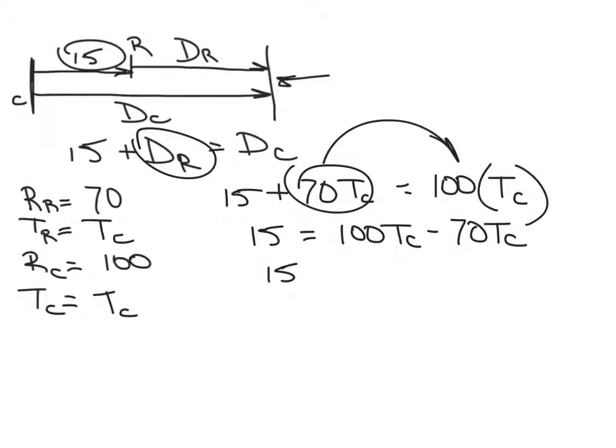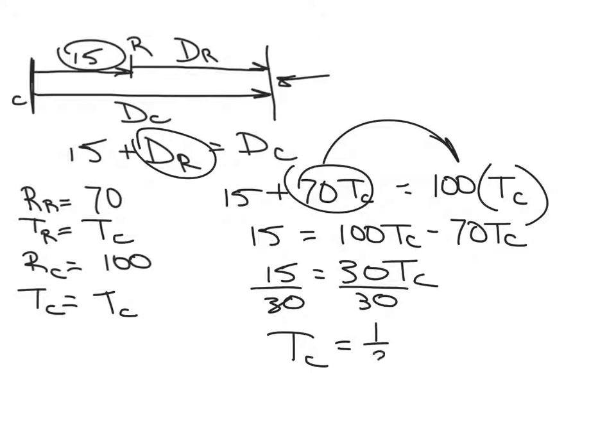So that gives me 15 equals 30. Then I divide by 30, divide by 30. And my time for Charlene is 1/2. So what does that mean? That means 1/2 hour. And that's the time it's going to take Charlene to catch up to Rachel.